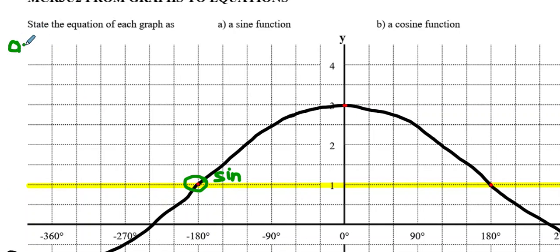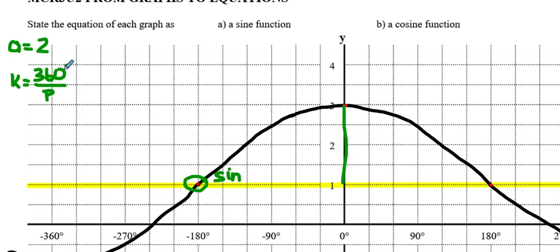So we need an A value. Well, the A value is half the total height of your wave. So it's the height from the axis of the curve to the highest point. So here, it looks like it's 2 units. Okay, period, you would take 360 and divide it by k.